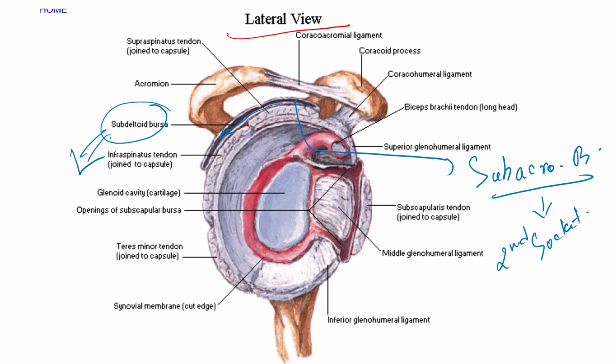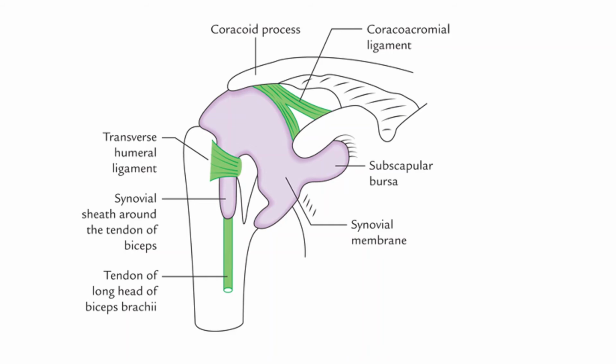The other bursae which has been mentioned is the subscapular bursae, which is seen between the tendon of the subscapularis and the fibrous capsule, the infraspinatus bursae, and the synovial sheath. The synovial sheath, as we can see here, is lying around the tendon of the biceps, as a continuation from the joint.